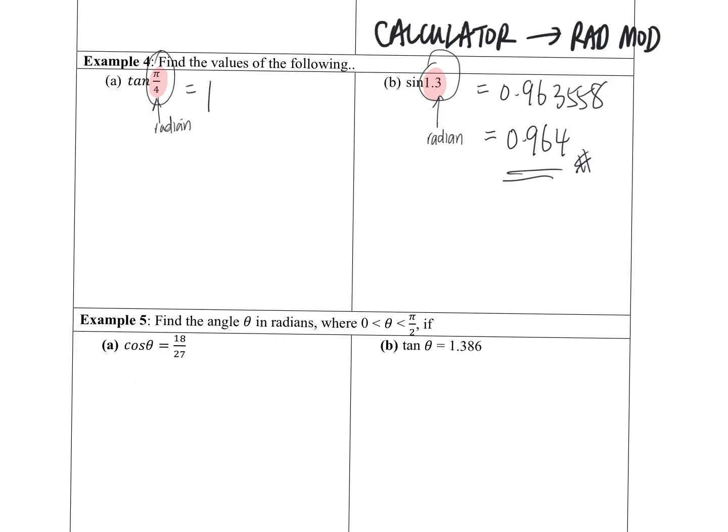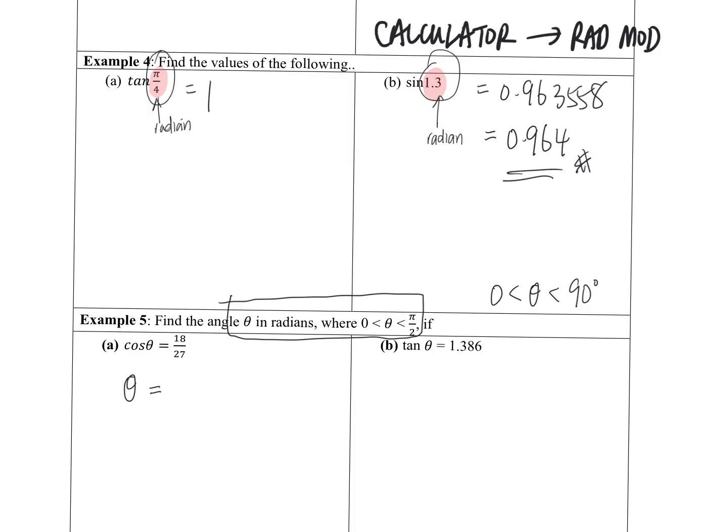Then how to find the angle? When you see that they say the angle is between 0 to pi over 2, you know your angle is in radians. Because if not, they should have written theta is between 0 to 90 degrees. But if they have written in terms of pi, you know your angle is in radians. So when you take inverse, make sure your calculator is in radian mode.